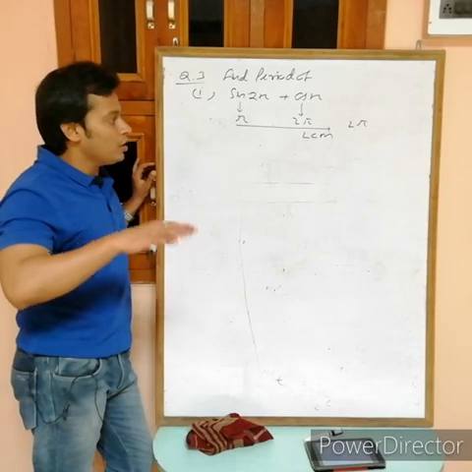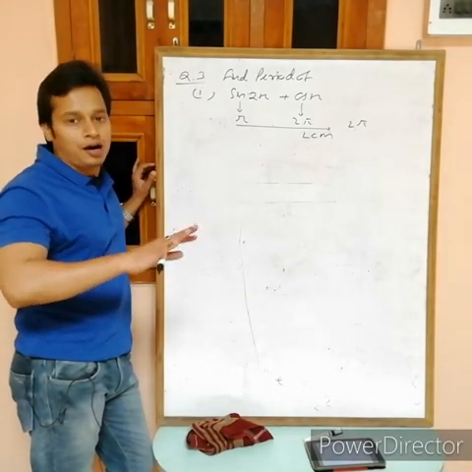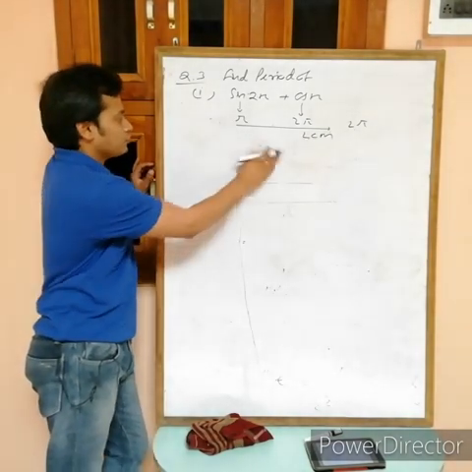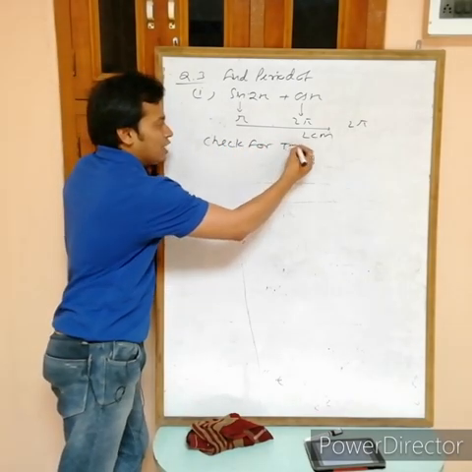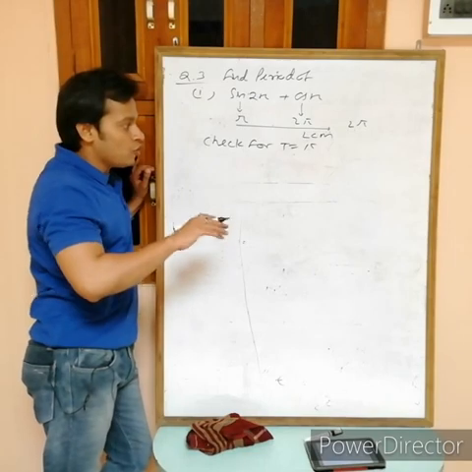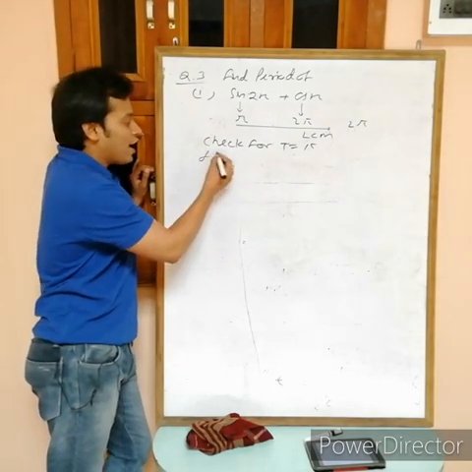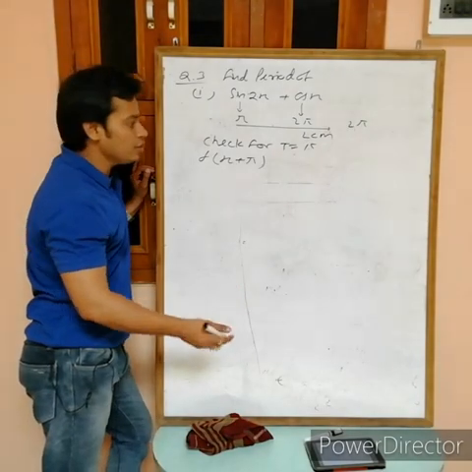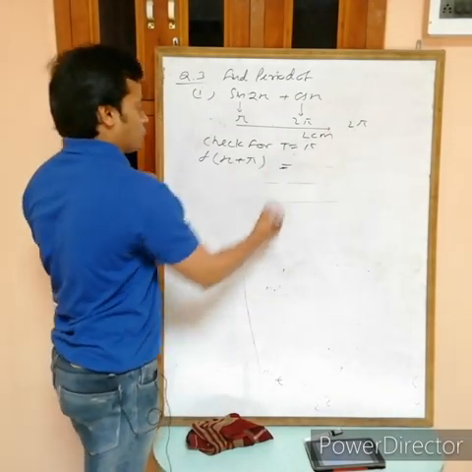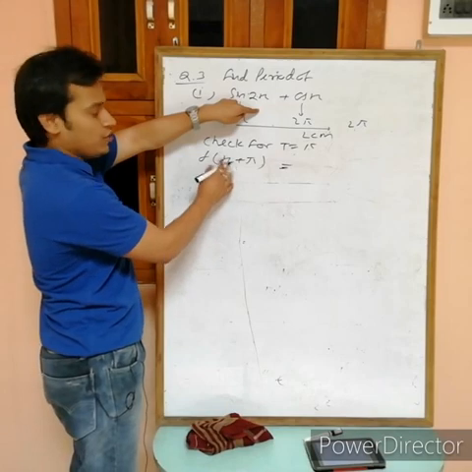So where do we have to check? Just check for half, it means for pi. Now check for T equals pi. So pi will be the fundamental period if f(x plus pi) becomes equal to f(x). So first find f(x plus pi), replace x with x plus pi.